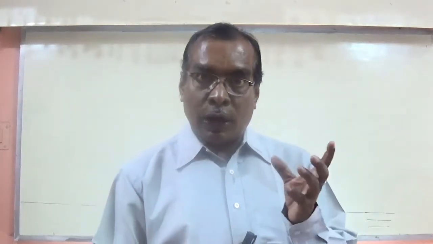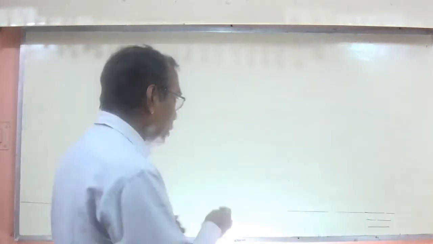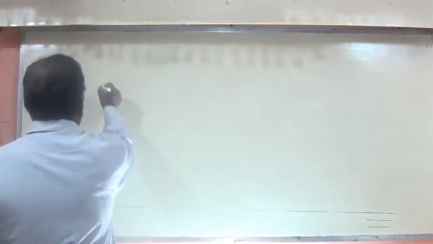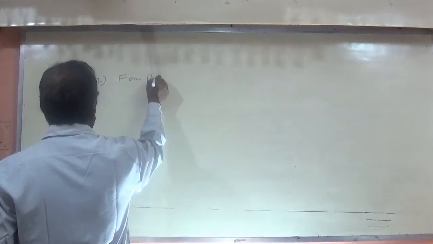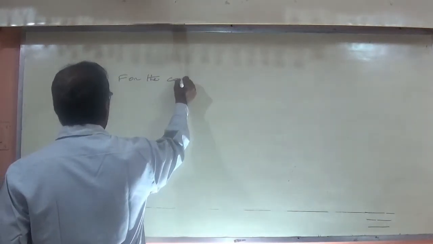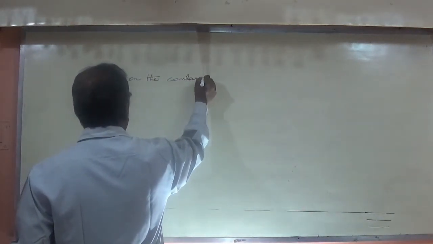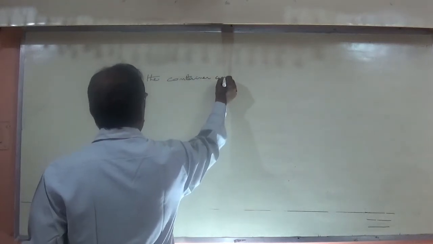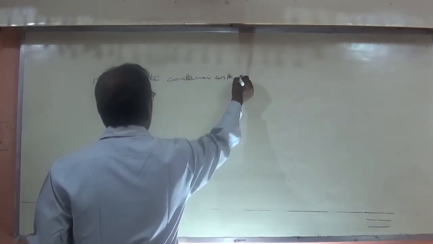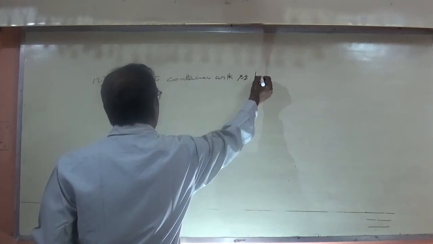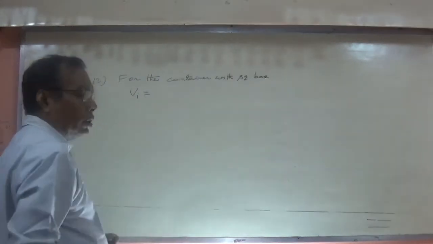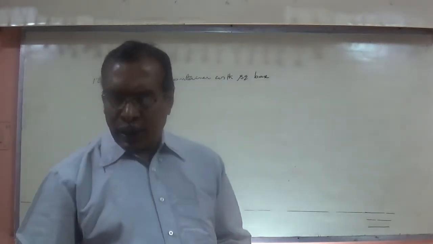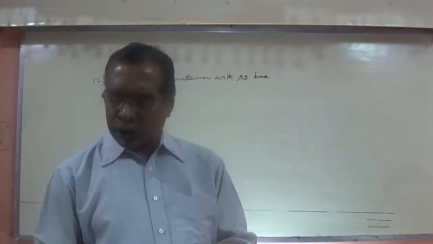So for the plastic container with square base, for question number 12, the volume V1 will be equal to, as you know very well, I have told you that volume is nothing but area of cross section into height.